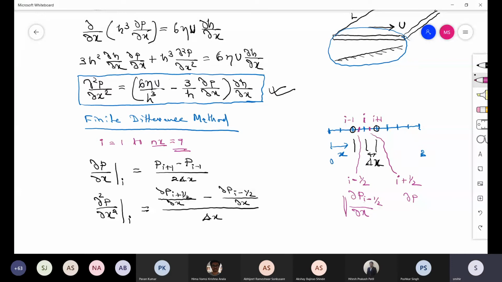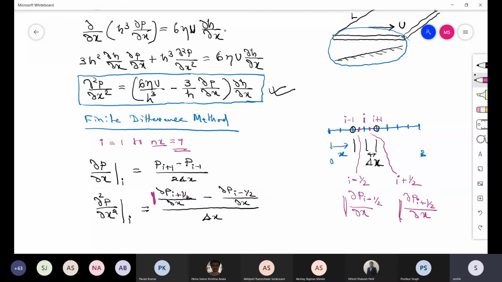Similarly, del p at I plus half by del x is known. These differentiations are supposed to be known to you at the I plus half point and the I minus half point. So what I'm basically doing is taking the first differentiation, known to me, del p at I plus half and del p at I minus half.